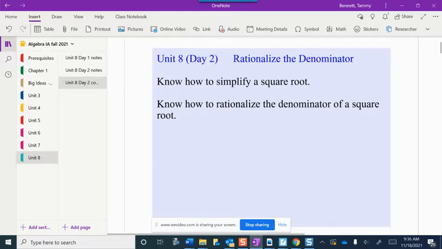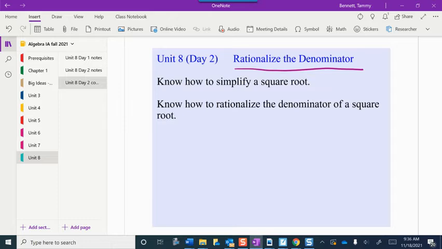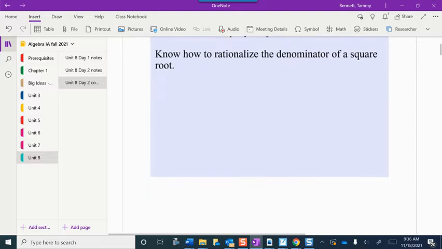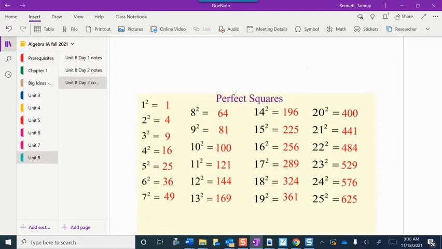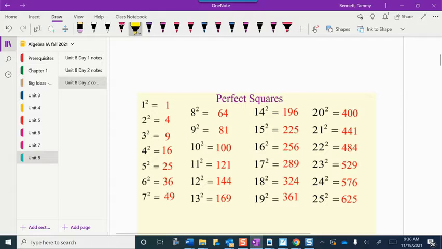So let's see this. We are going to rationalize the denominator because you cannot leave a square root in the denominator. All right, but first thing we need to remember are these perfect square numbers. So make sure you're getting a handle on those and how to figure out what they are.